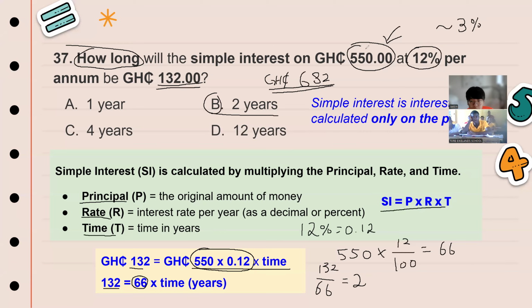But the point is that if you invest a certain amount of money in the bank, they give you money in return. We get 12% of the money that we put in every year. So that's why in 2 years, the bank will give you 132 Ghana cedis. And you can find that interest by this formula.